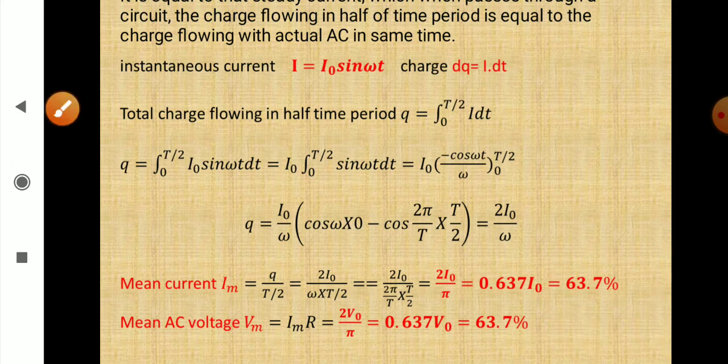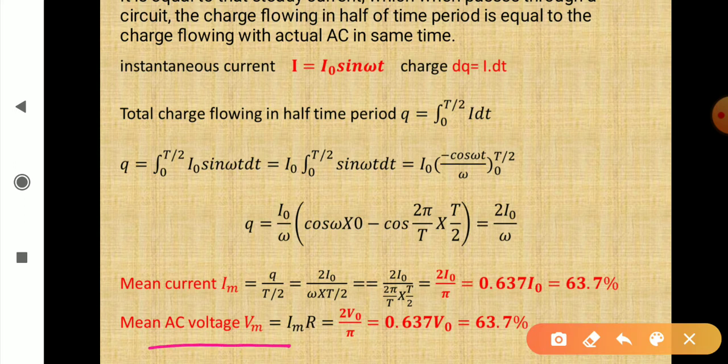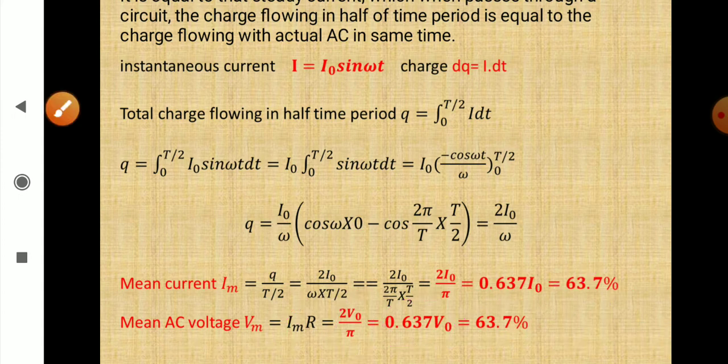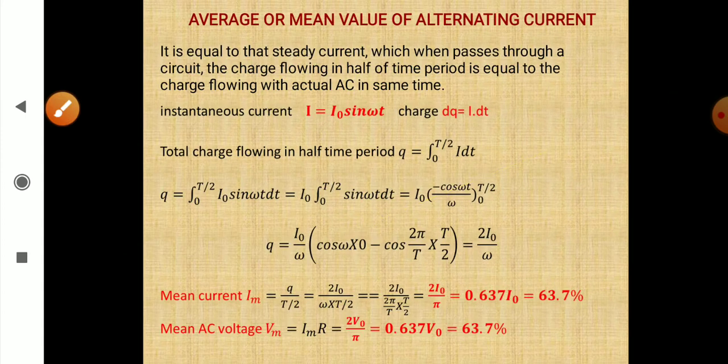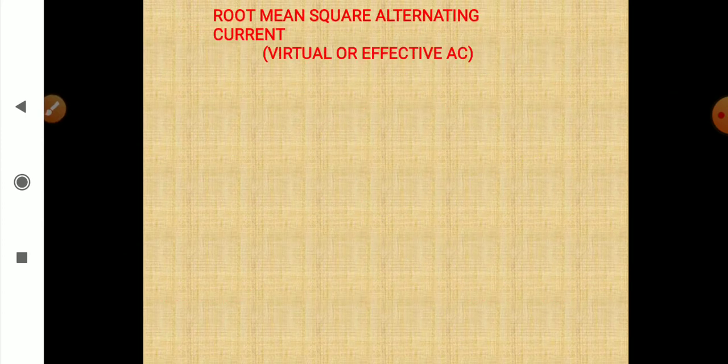And for mean AC voltage, see, this is mean current into resistance, and you will get 2 V naught upon pi, that is 0.637 V naught, or 63.7% of peak voltage. So that is the value of average or mean current.